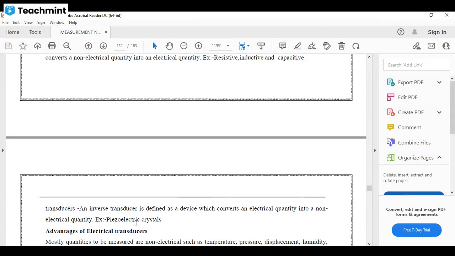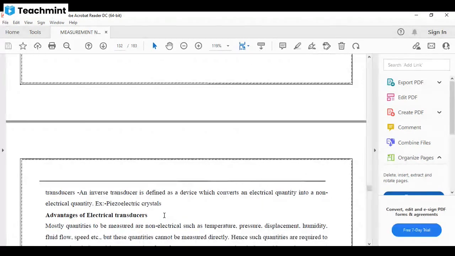An example is the piezoelectric crystal, which is an example of an inverse transducer.